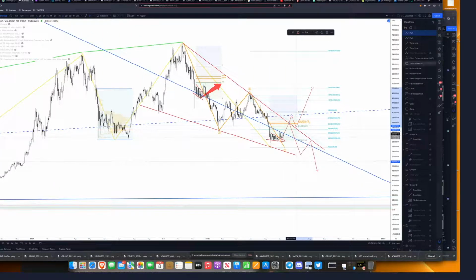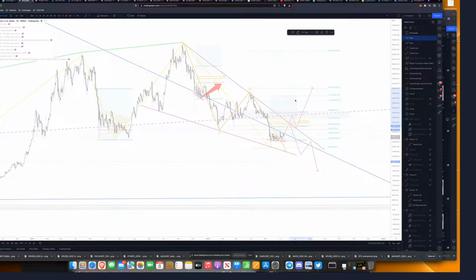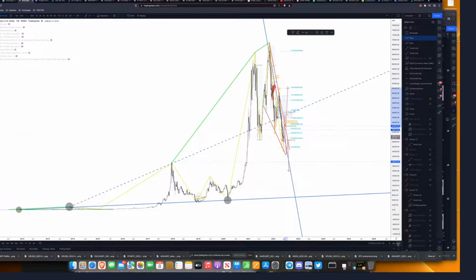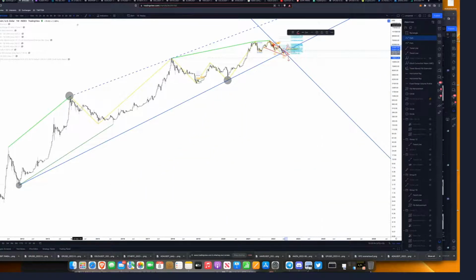When you want to go full in? Well, I would think that if you break the 40K range, this level, yep, it could be late, but that is a strong resistance, and you need to break that before you can even consider going bullish. The weekly chart will give us a clue in regards to if it is bullish. So if we look on the weekly chart, actually I'll do another one. Let's look at the monthly chart.